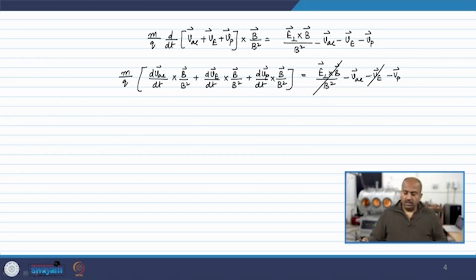Now when the electric field is changing with respect to time, of course we have an additional term which is called the polarization drift, just because of the variation of the electric field with respect to time.